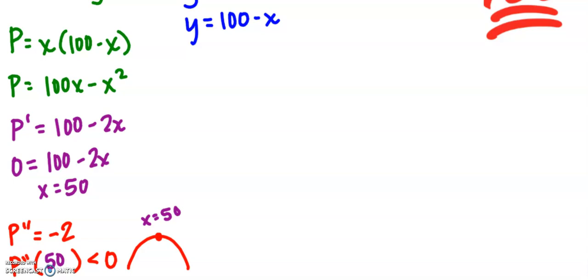The other thing I could do is I could set up a number line for P prime. Thinking about my domain, if I have two positive numbers that add up to 100, technically I shouldn't be equal to 0.